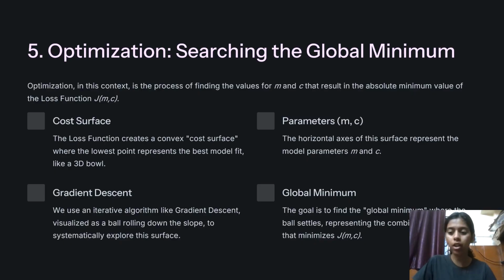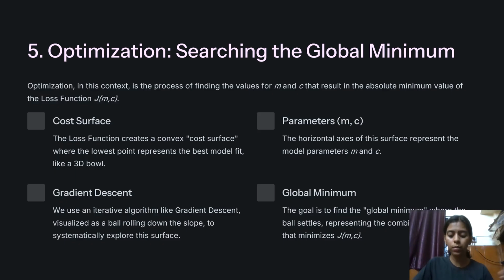Optimization, searching the global minimum. Now comes the optimization step: finding the value of m and c that minimizes this loss function. Imagine the loss function as a 3D bowl-shaped surface called a cost surface.